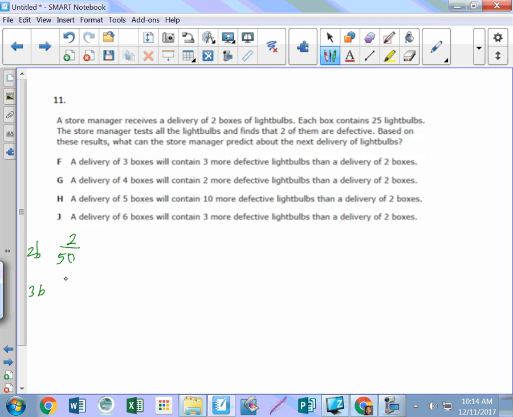So if I go to 3 boxes, that's 3 out of 75. 4 boxes is 4 of 100. 5 boxes is 5 out of 125. 6 boxes is 6 out of 150.